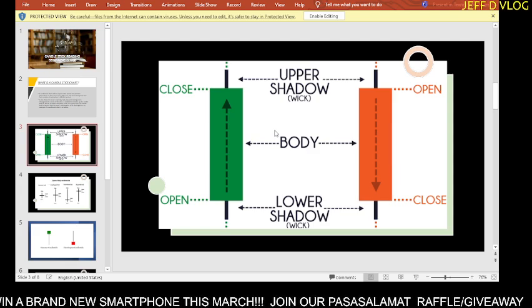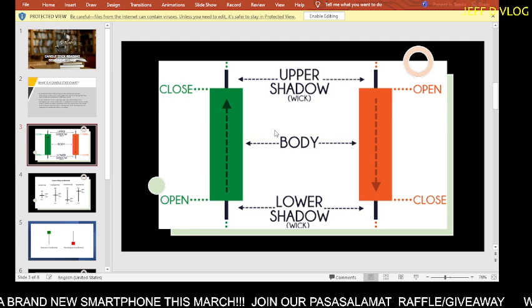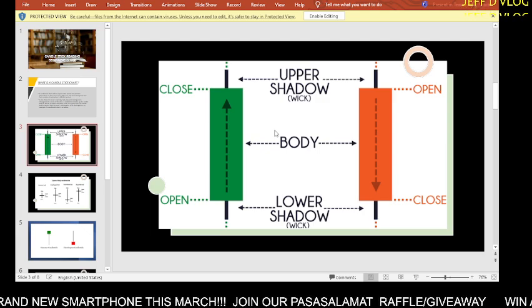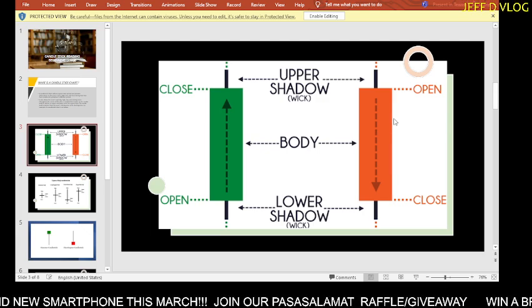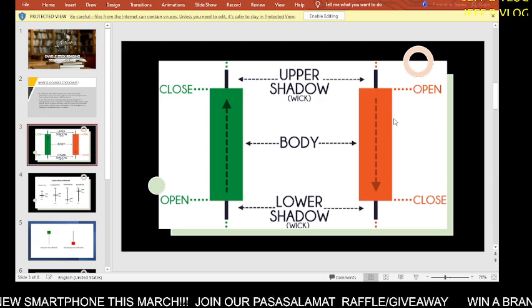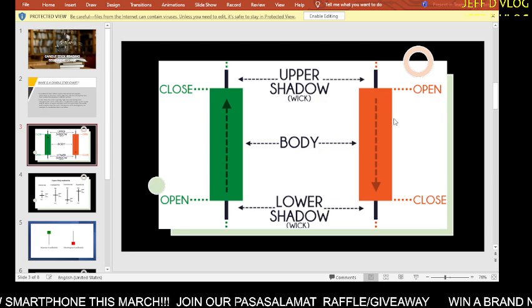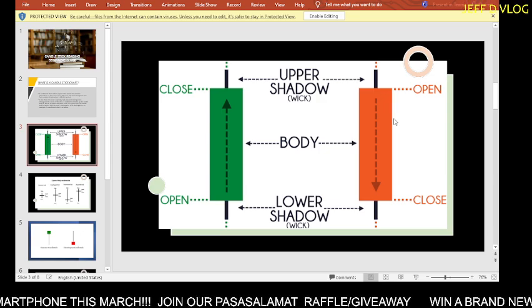Of course, if we see a bearish candle, then most probably the market is having selling pressure, so you need to be careful and cautious.